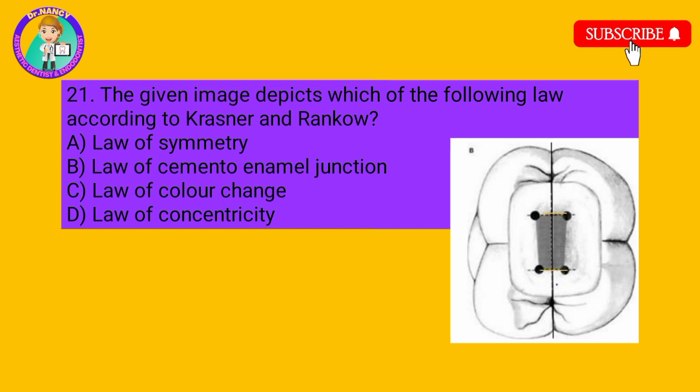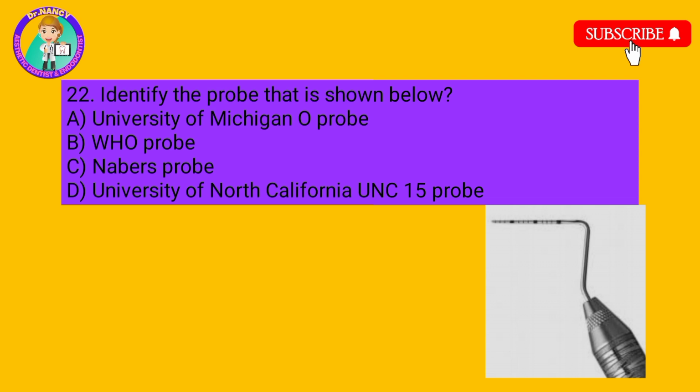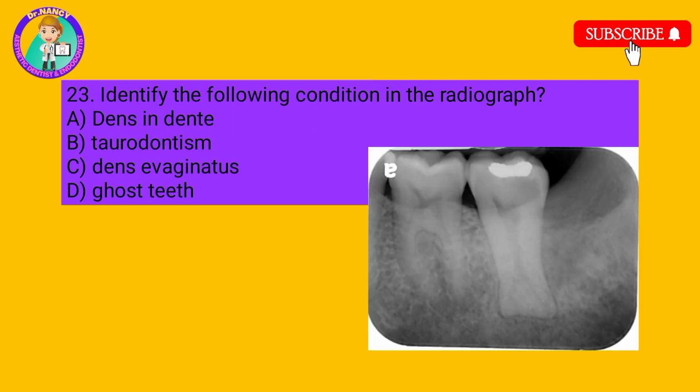Law of symmetry, law of cement-enamel junction, law of color change, law of concentricity. Answer: law of symmetry. Identify the probe that is shown below. University of Michigan O probe, WHO probe, Nabers probe, University of North Carolina UNC 15 probe. Answer: University of North Carolina UNC 15 probe.